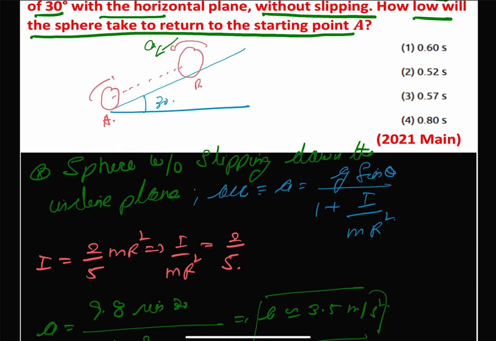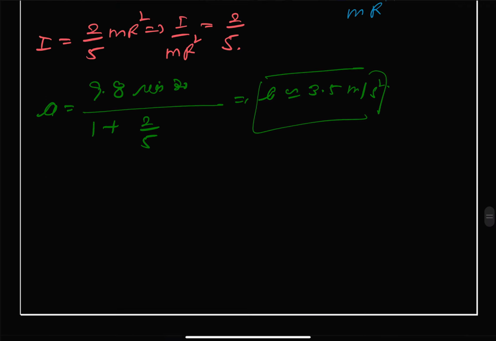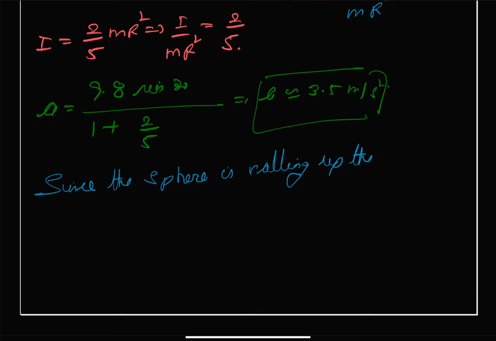It is also mentioned that the sphere is rolling up the inclined plane, but the acceleration we found out is for rolling down the inclined plane.